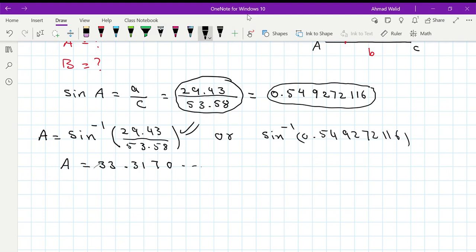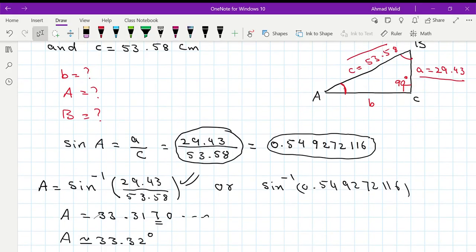It's more, but here you can round off. Your A is approximately, because you are at the last answer, 33.32 degrees. Correct? I found my angle A.